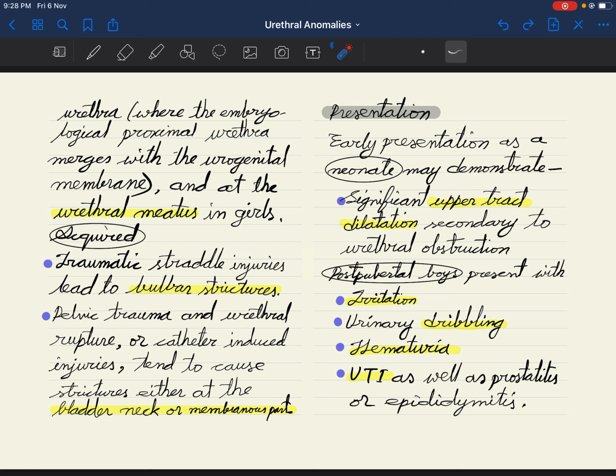So how does urethral stricture present? Early presentation as a neonate may demonstrate significant upper tract dilatation secondary to urethral obstruction. Post-pubertal boys present with irritation, urinary dribbling, hematuria, urinary tract infection, as well as prostatitis or epididymitis.